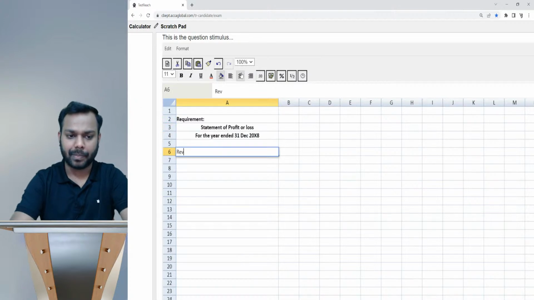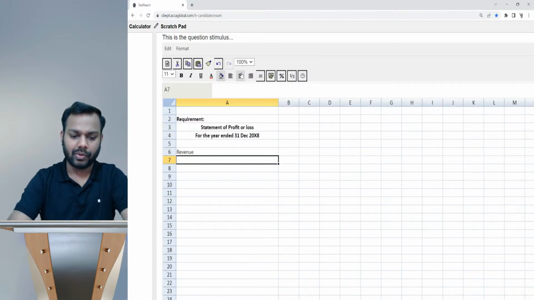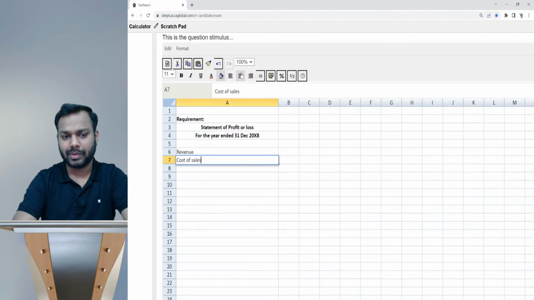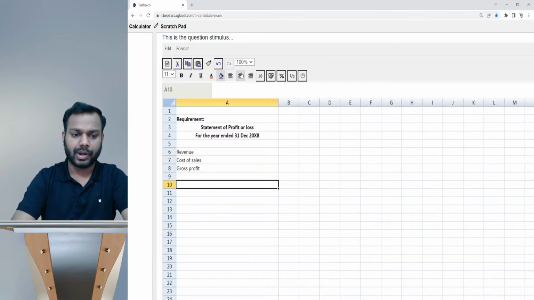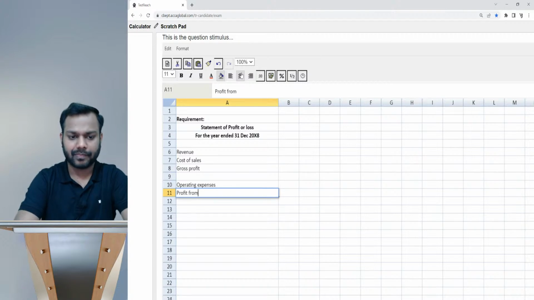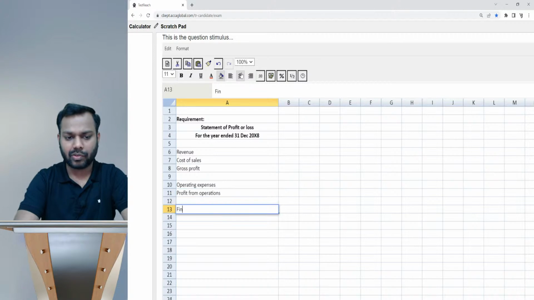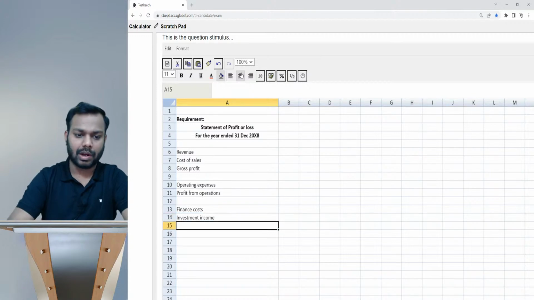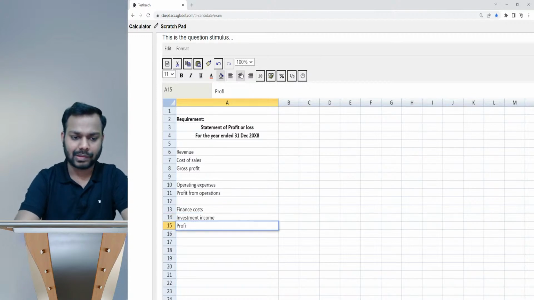Now let's first prepare the structure of the P&L. Revenue, cost of sales, then comes gross profit, and then comes operating expenses, then comes profit from operations, then comes finance costs, then comes investment income, then comes profit before tax, right?